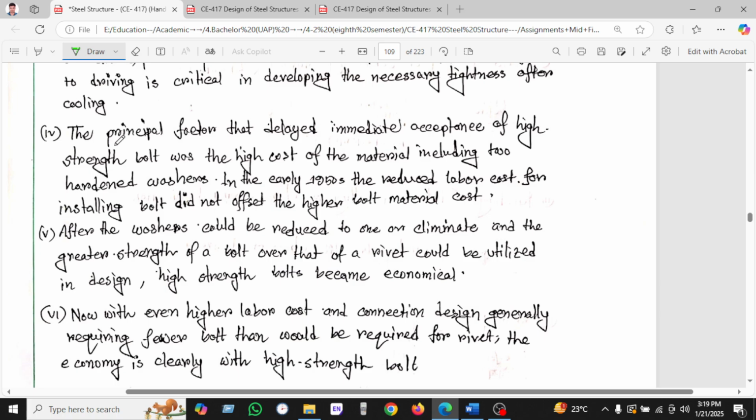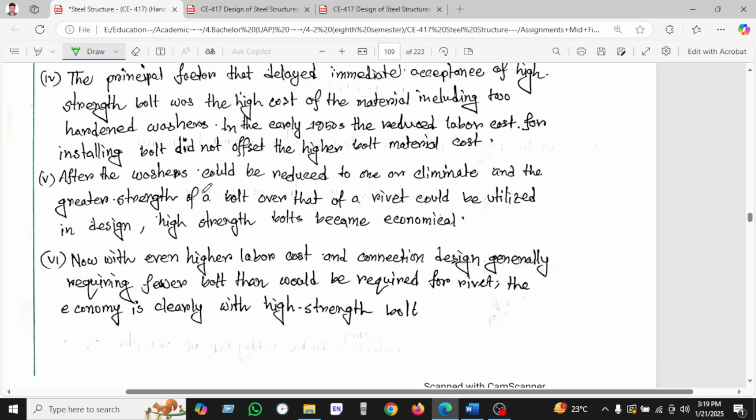And then we can see the principal factor delaying immediate acceptance of high strength bolts was the high cost of the material, including two hardened washers, in the early 1915s. The reduced labor cost for installing bolts did not offset the higher bolt material cost.